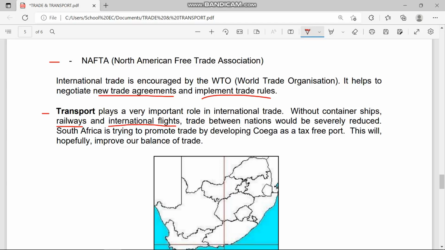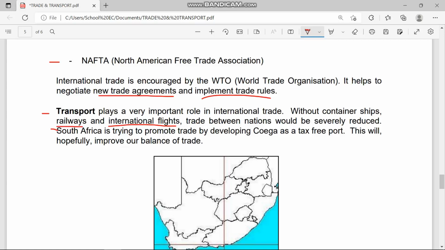South Africa is trying to promote and make its trading effective by developing Coega as a tax port. What is Coega?